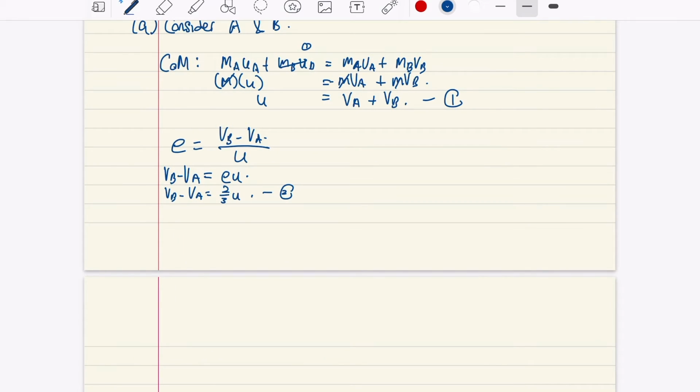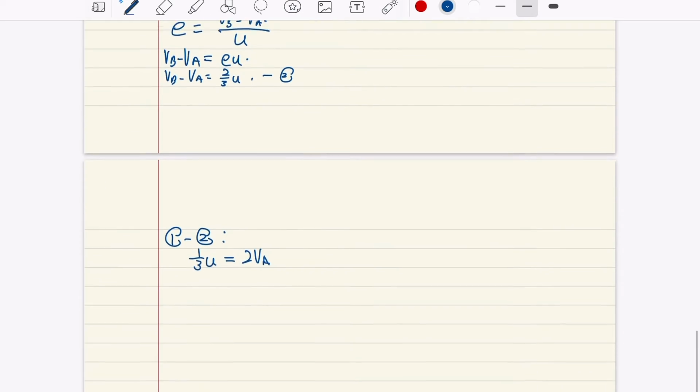So by using equation 1 minus 2, so u minus 2 over 3 u is 1 over 3 u equals to VA minus VA, which is 2VA, and VB minus VB is 0.